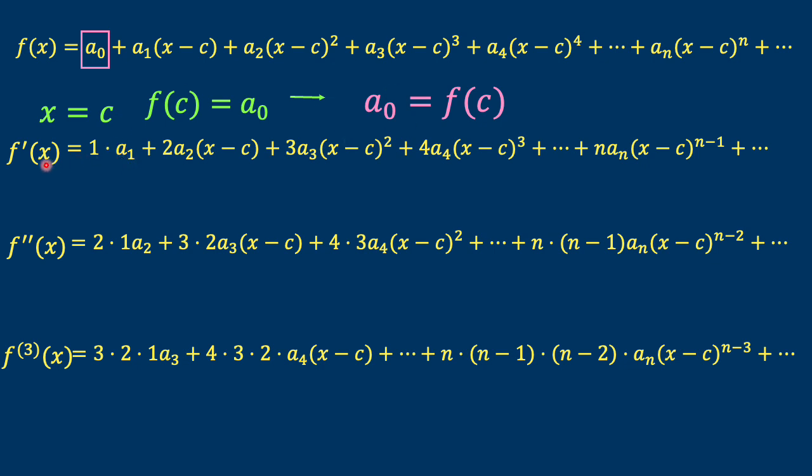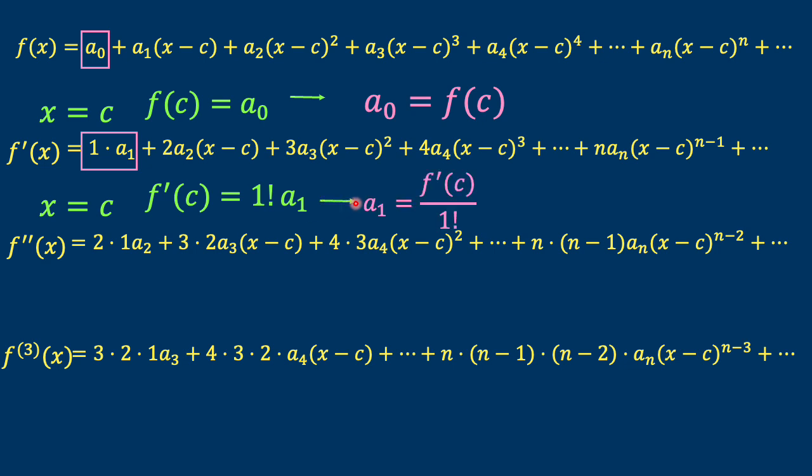Same thing: you plug x equals c into the first derivative. The center makes this term 0, so f prime of c equals 1 times a1. I'm going to put in the 1 factorial. So a1 is f prime of c over 1 factorial.